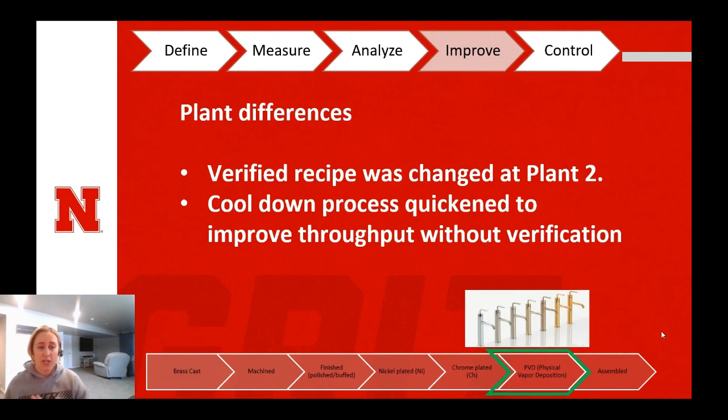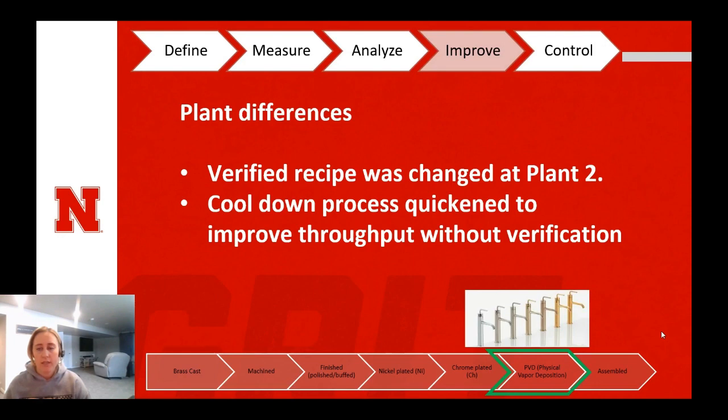Unfortunately, having that change in process and cooling it down too quickly can affect that chrome and that nickel layer and that PVD layer and create that crack. So it is very possible and probable, based on the analysis done, that the speeding up of the cool down process is what's causing that crack at plant 2 primarily.